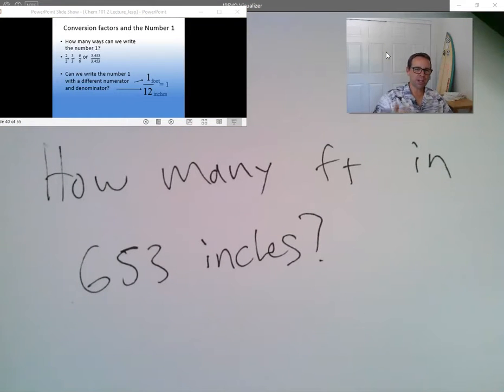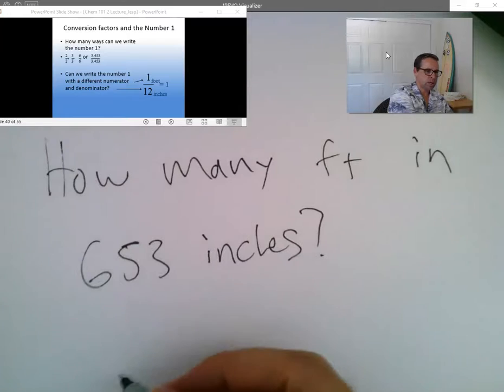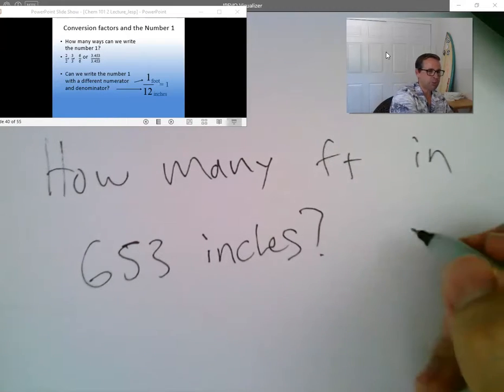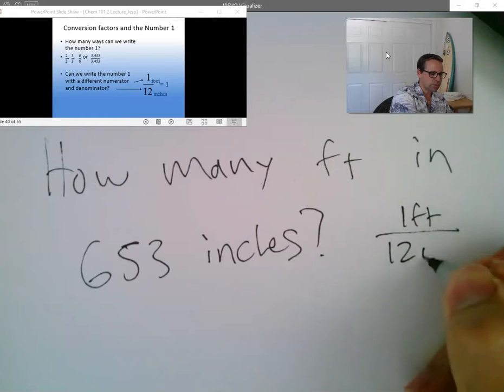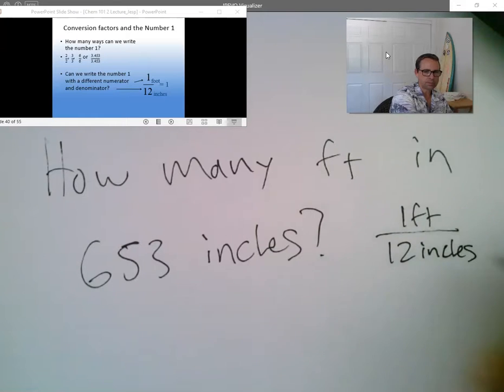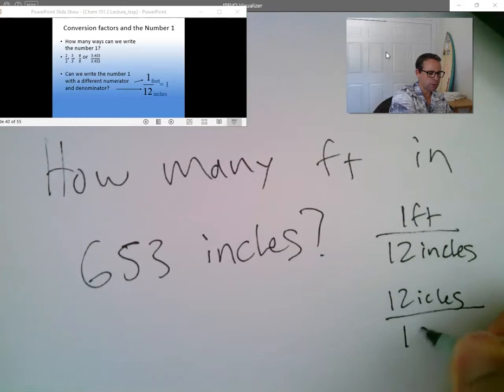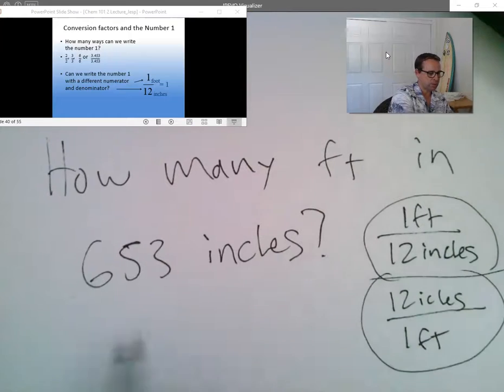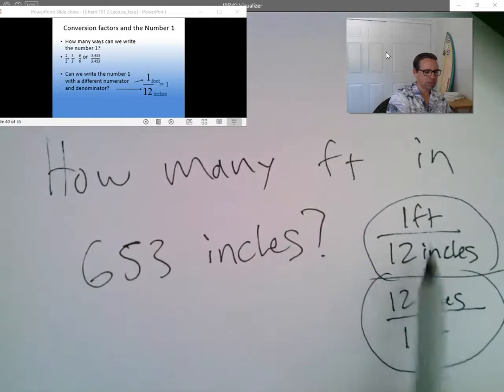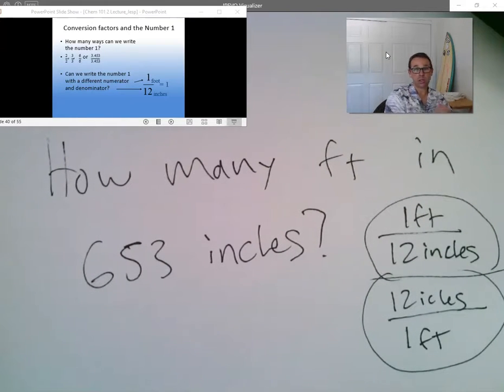The way we would answer this is we would say, okay, I know my conversion factor. I know that 1 foot is the same as 12 inches. Or I could say also 12 inches is the same as 1 foot. So every time you get some sort of a relationship, like feet to inches, there's 2 conversion factors that you can get. All right?